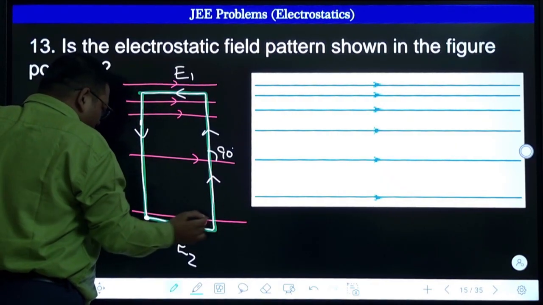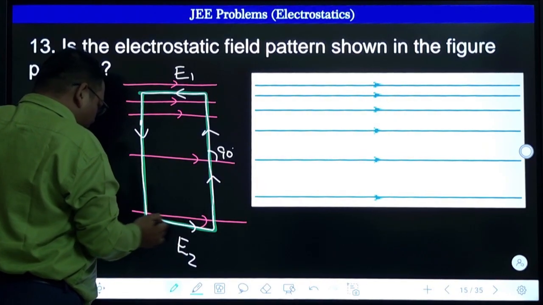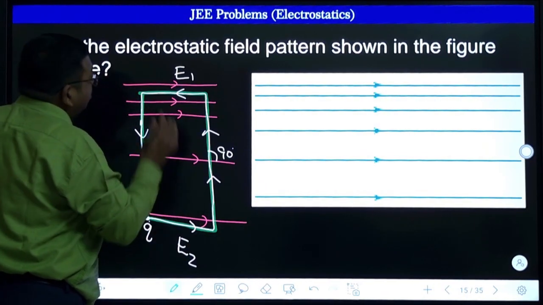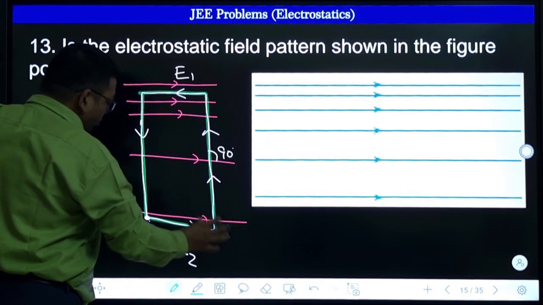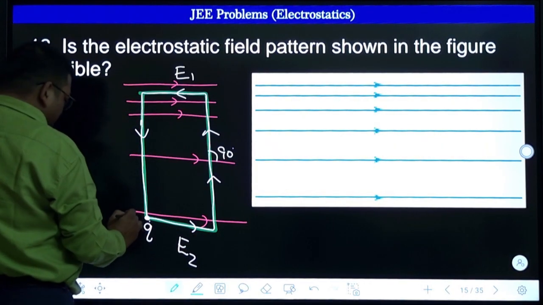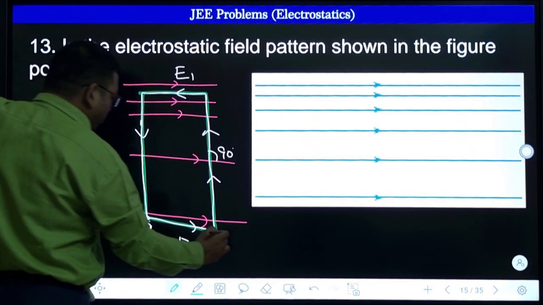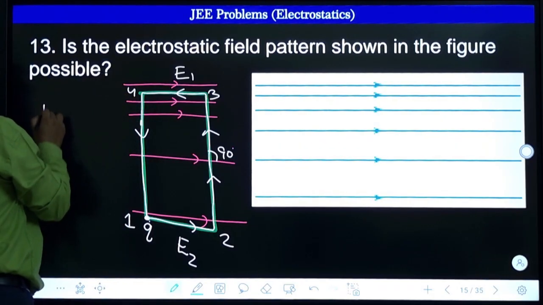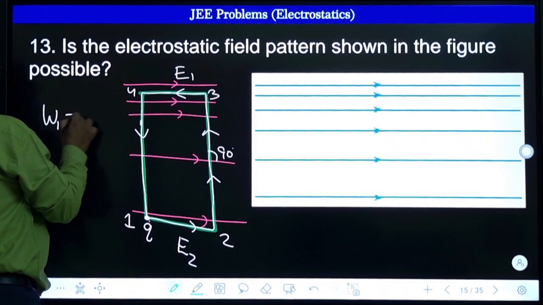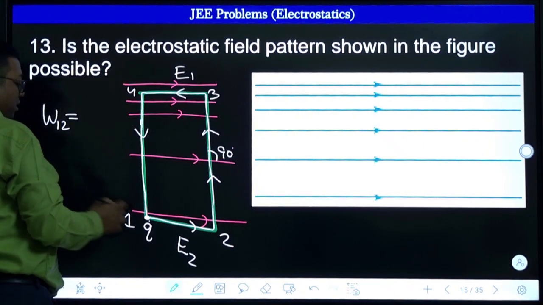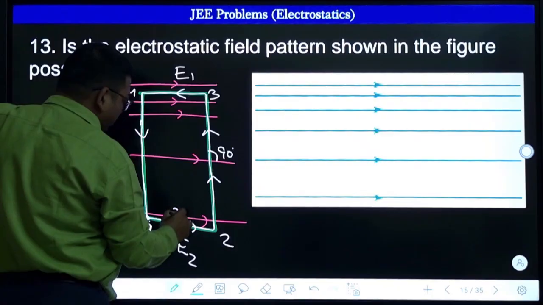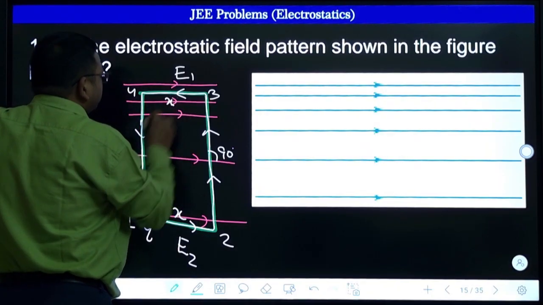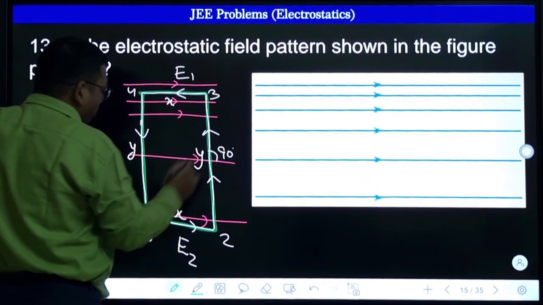Now let us say you are moving from here to here. Assume it's a positive charge, so the field will do some work. Let us say this is point 1, point 2, point 3, point 4. Going from 1 to 2, there is work done. Let us say this distance is x and this is y.